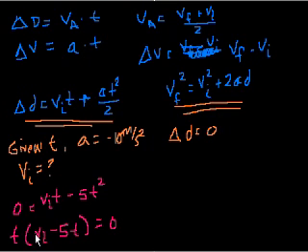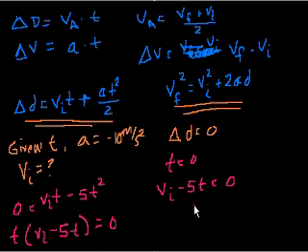So I have this expression. And if I were to solve it, assuming that vi is some positive number, I know that there's 2 times where this equation is true, right? Either t equals 0, or this term equals 0. vi minus 5t is equal to 0.